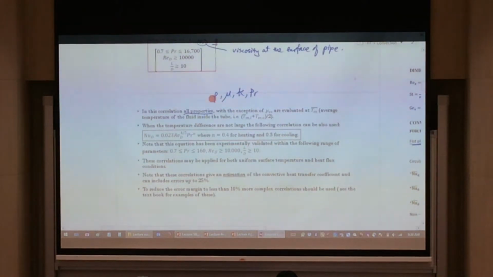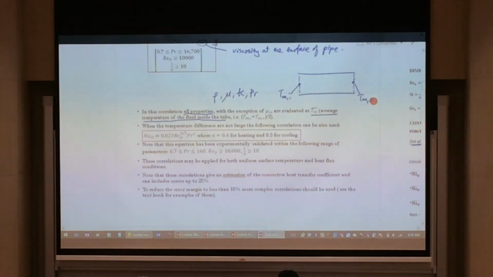All these properties are found using what we call your Tm average, that is the average temperature of the fluid inside the tube. So what that means is that if you have a tube, there will be a part that we call your temperature at the inlet, and a part that we call the temperature at the outlet.